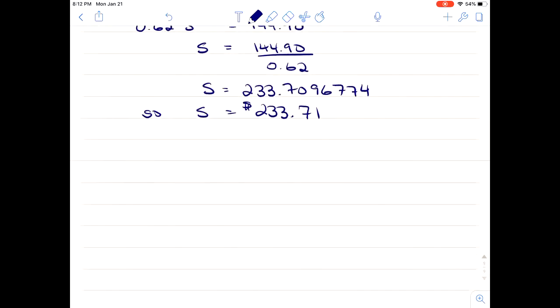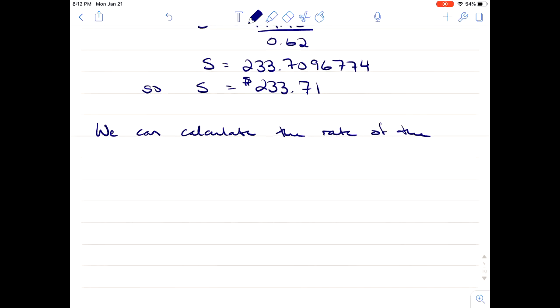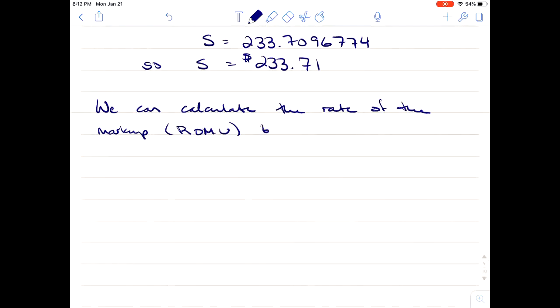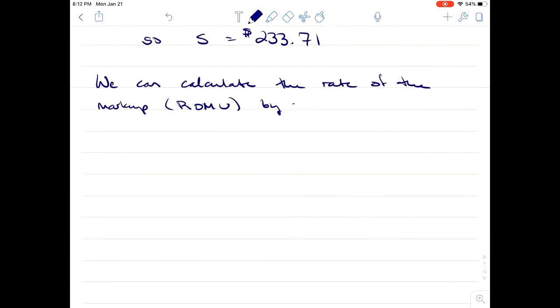And so we can calculate the rate of the markup, which we call the ROMU. The ROMU is M over C. So that's on your formula sheet.